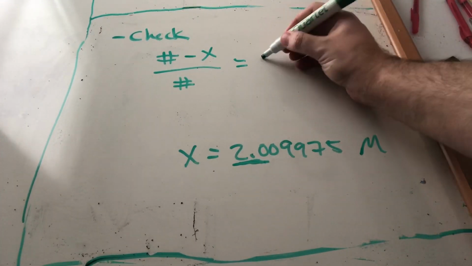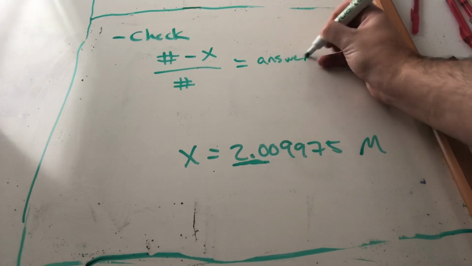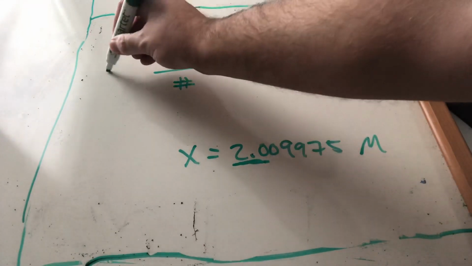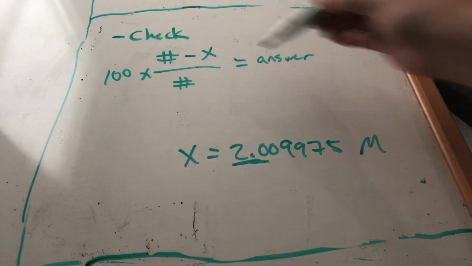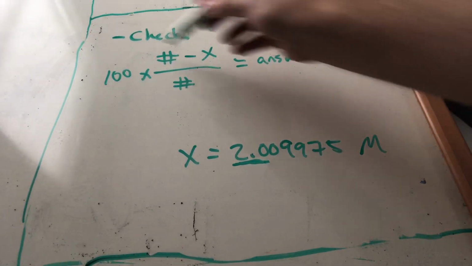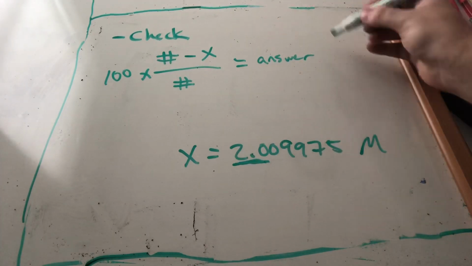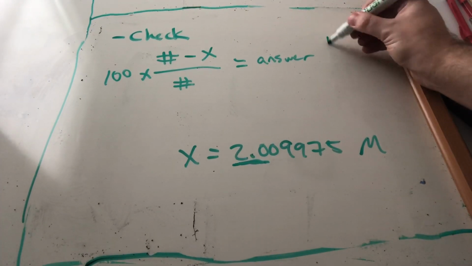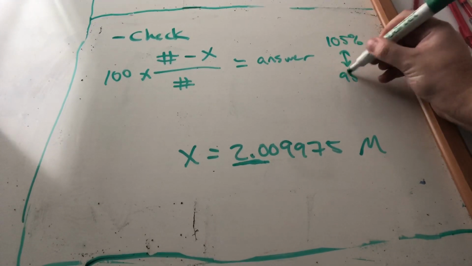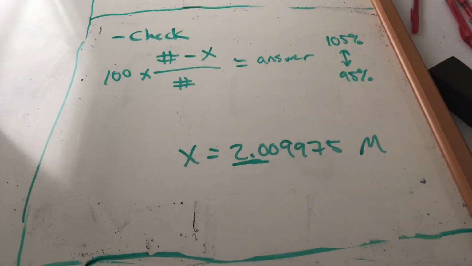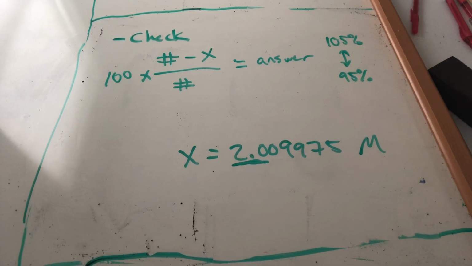And what you're going to get out is an answer. And what you want this answer, oh yeah, multiply this by 100. The reason we call it the 5% rule is you want to make sure it's within 5% of that number. So this math will give you an answer, and as long as you're within the range, 105% to 95%, you're within 5% of that value, and you're set and you're good to go, okay?